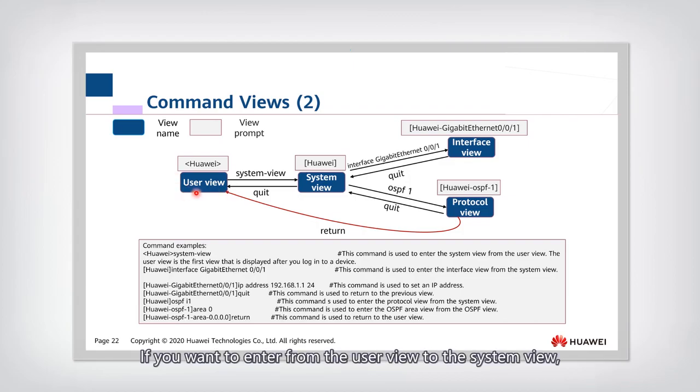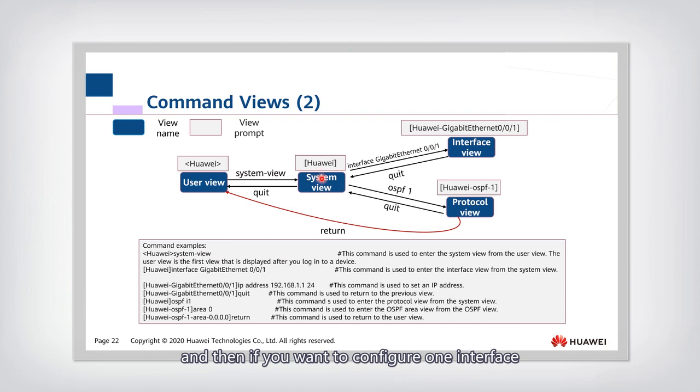If you want to enter from the user view to the system view, you need to use the system-view command. Then after you enter the system view, the view prompt will change into Huawei with square brackets. And in this system view, you can do the configurations.